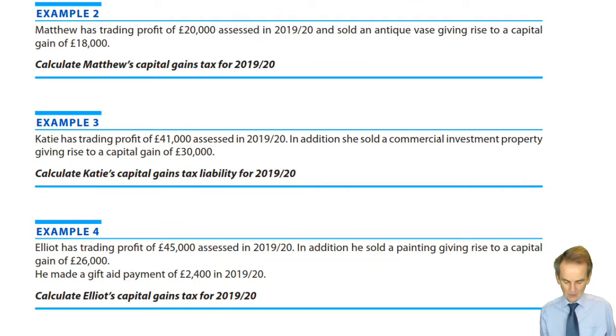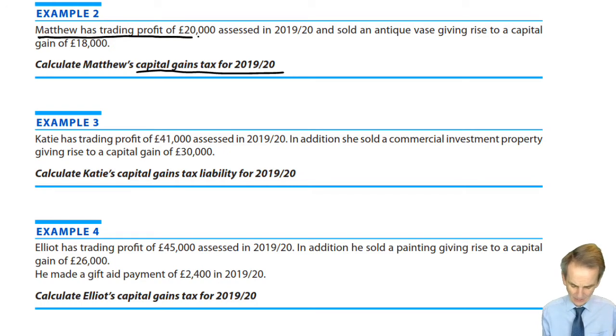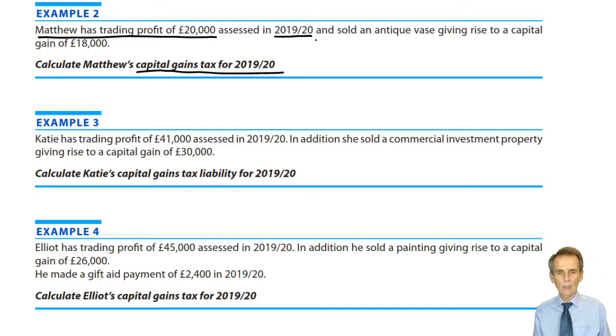Example 2 here. We've got to compute Matthew's capital gains tax for the 1920 tax year. Now, this time, what information do they give us about Matthew? That he has a trading profit of £20,000 assessed in the 1920 tax year. Again, if they wanted to, they can mix skills up here. They may give you trading profits for maybe 2 or 3 accounting periods, and you have to, using your current year basis of assessment, establish which of those profits is to be assessed in the 1920 tax year.